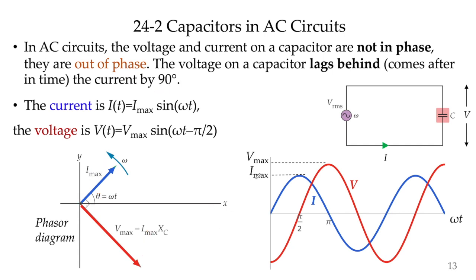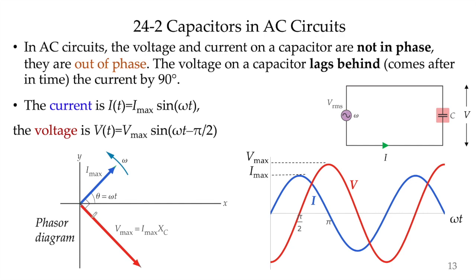So what I was saying is, instead of looking at the waves, we can actually look at the phasor diagram. How would you show it? Pick some vector for the current, let's say the blue one. The voltage is going to come 90 degrees behind the current.